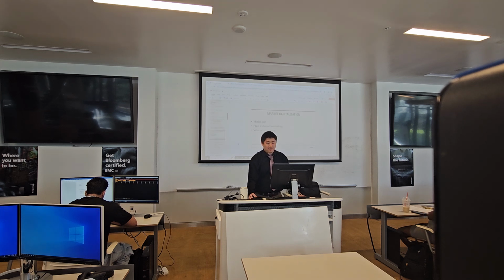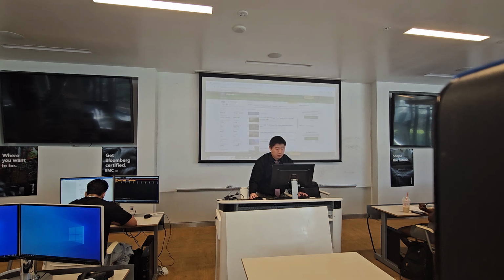Market capitalization. All right. We used Tesla, and we determined that their price is $191.92. It's changing a little bit because MarketWatch captures after-hours trading, but that's not really relevant. $191.91.